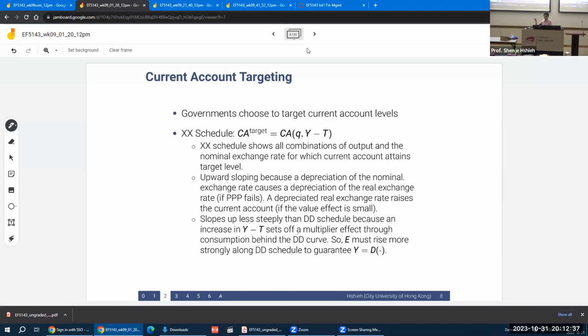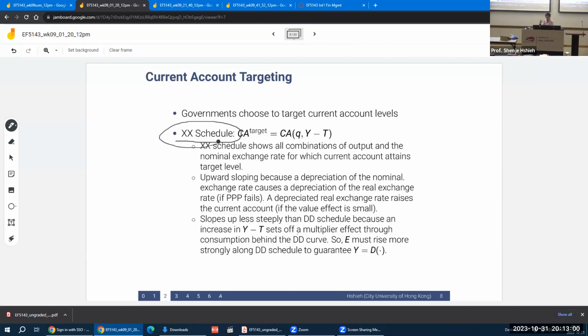They must have an export relative to import target, because if they meet that, they can therefore satisfy their GDP growth targets, right? So in order to do that, we have to introduce a new equation, in addition to the AA and DD schedule. And this is going to be called the XX schedule.